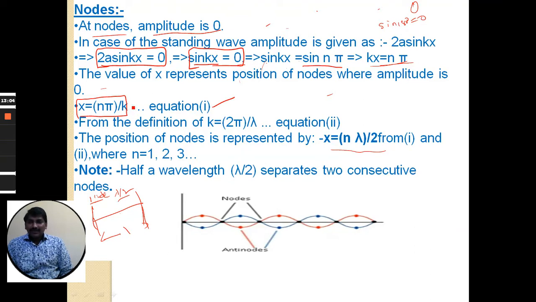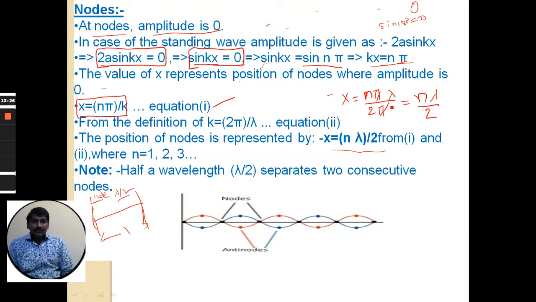Simply in place of k, I have substituted this equation. The moment I substitute, x equals n pi, and in place of k, 2 pi by lambda. Lambda goes up, pi gets cancelled. The left term is n lambda by 2.